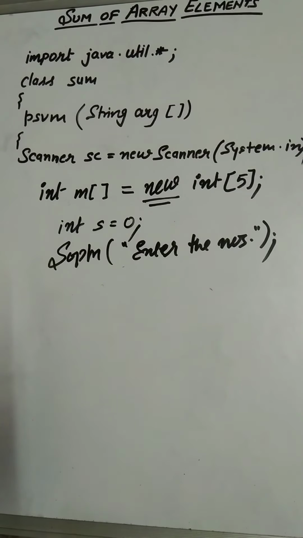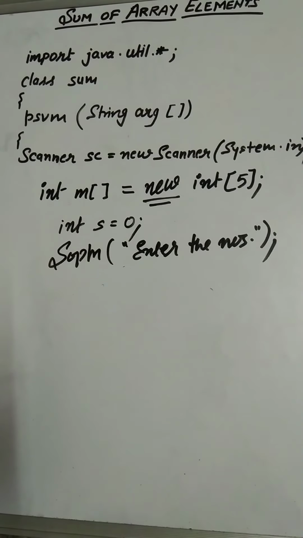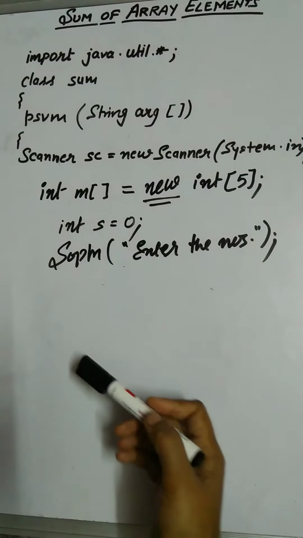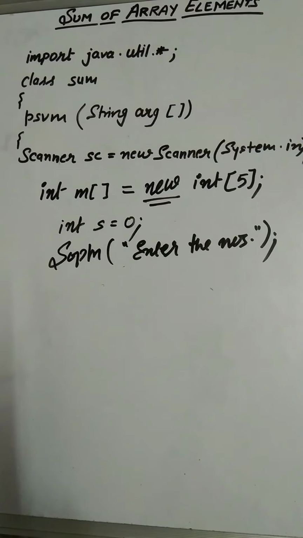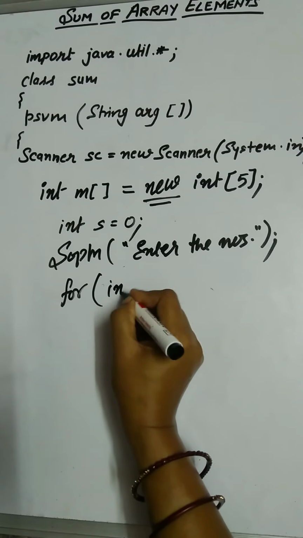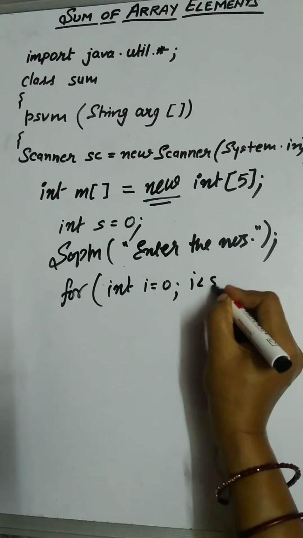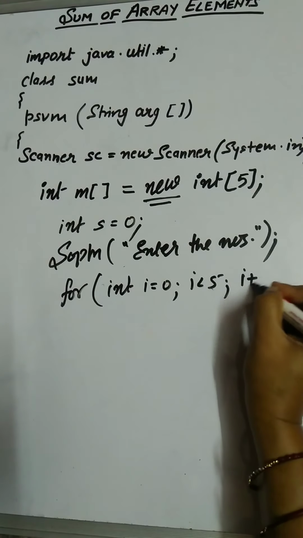In the BlueJ method and assignment method, we need only one loop because we already assigned the values. So there is no need for a loop to assign any element. But here it is required that you take input from the user, so here we need a loop. i starts with 0, i less than 5, i plus plus.